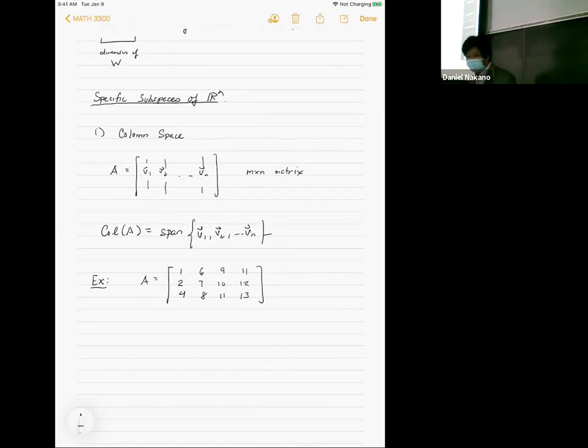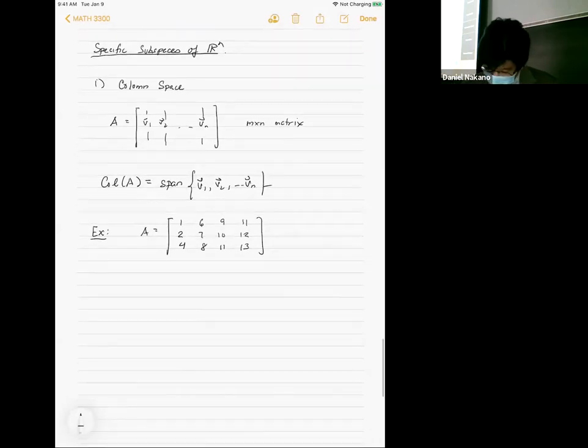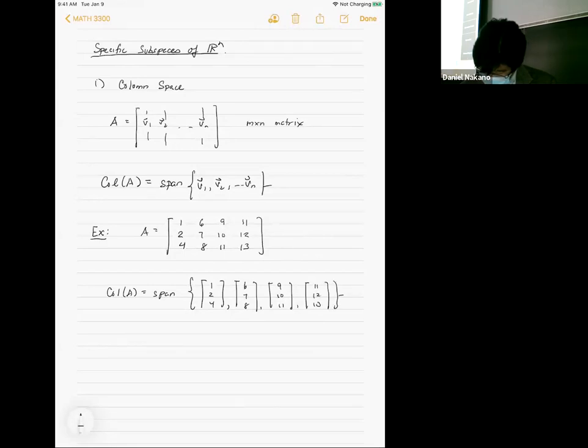Let's look at the column space of A. It's the span of the columns, so let's write out the columns: (1, 2, 4), (6, 7, 8), (9, 10, 11), (11, 12, 13). Pretty easy.